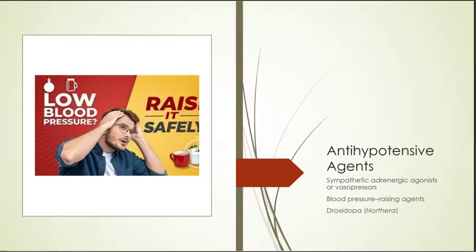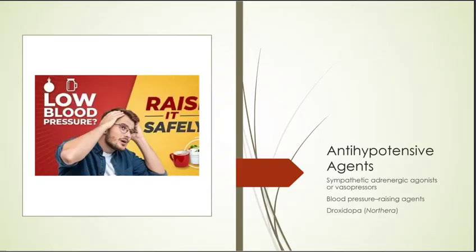When you also hear agonist, that means it enhances the sympathetic part of the nervous system. They're also known as vasopressors because they raise the blood pressure. Think of them as medications that tell the body to go into fight or flight mode. They stimulate the sympathetic nervous system, causing the blood vessels to constrict or tighten, which increases the blood pressure to help improve blood flow to vital organs like the brain and the heart.